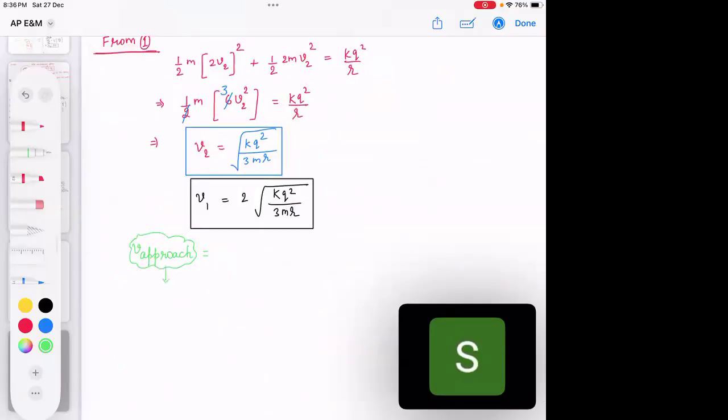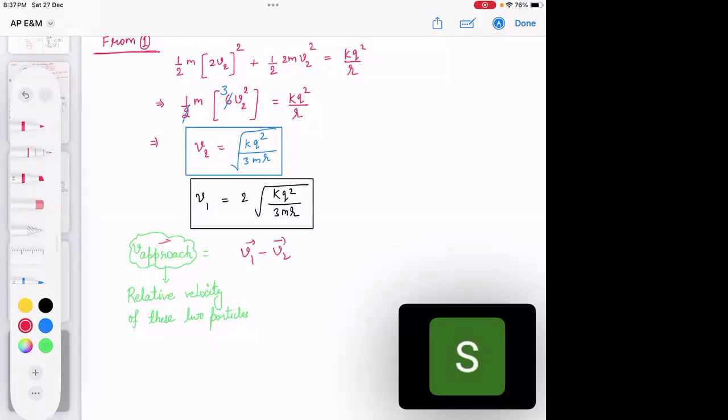Actually, this is the same thing as the relative velocity. Relative velocity of these two particles. Clear? So is it going to be V1 minus V2 vector?